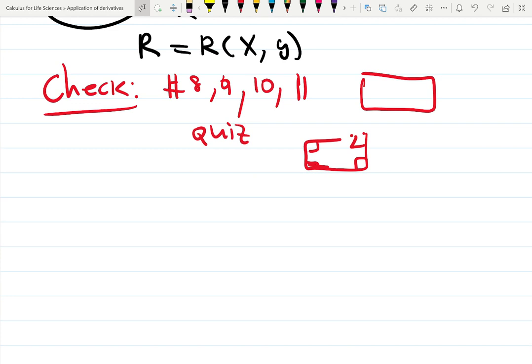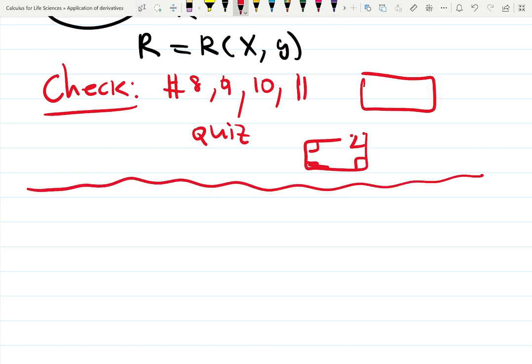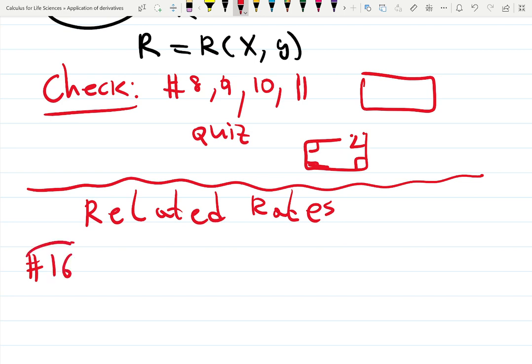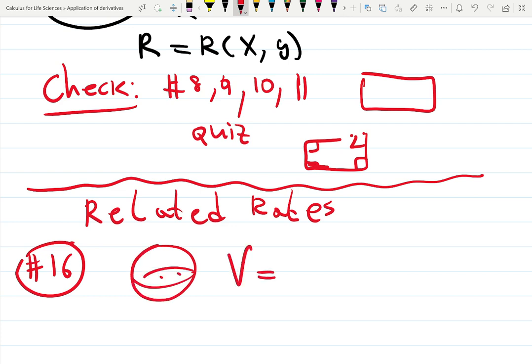One more application of these ideas was in related rates, and we just had it recently. Check problem number 16. I will not repeat it because we just had it in the quiz, and I'm posting all the keys. Remember the balloon problems. The balloon is increasing, and we give you the volume. We don't even ask you to memorize the formula.